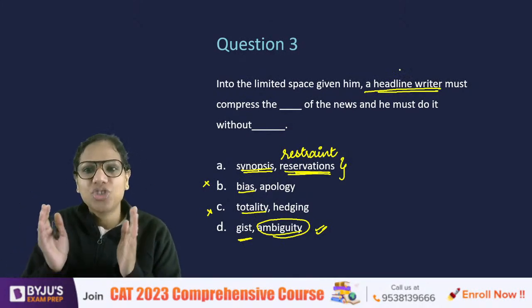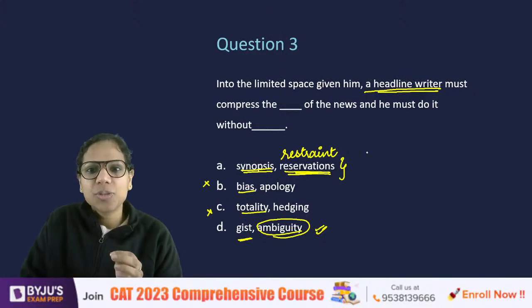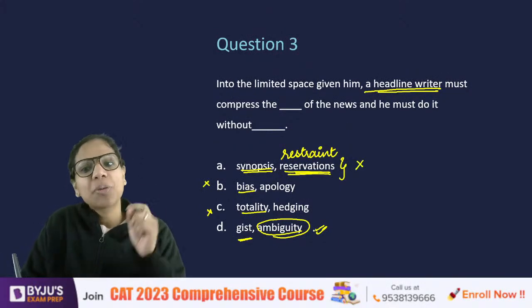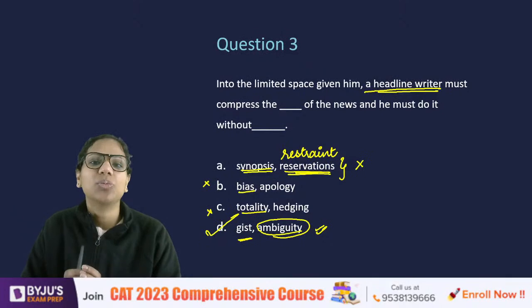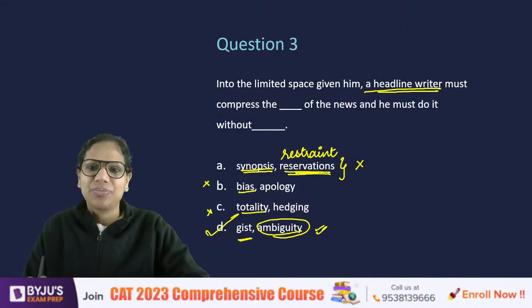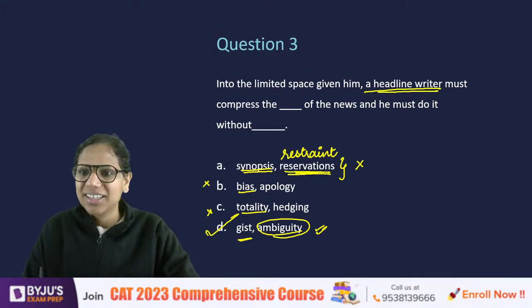You need to be objective when you're reporting something. So this person needs to follow certain restrictions, needs to be objective, needs to be concise. So reservations does not fit, but yes, the person definitely needs to be clear. Okay, not ambiguous. Hence D. Make sense? Ambiguity, yes, absolutely correct, Jasuman. Something that is ambiguous is unclear, right?